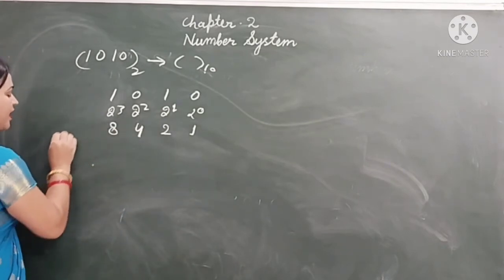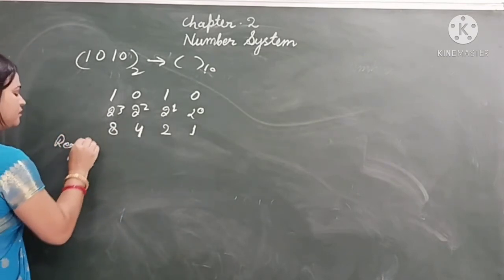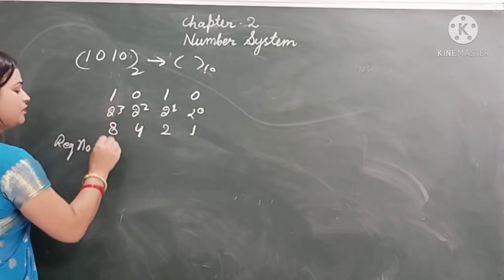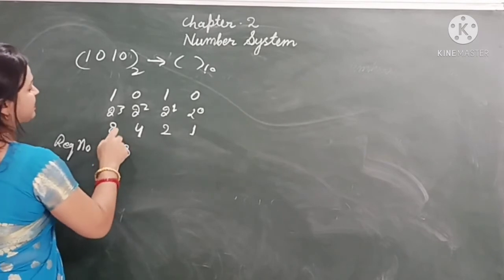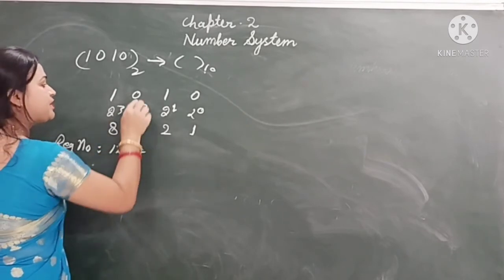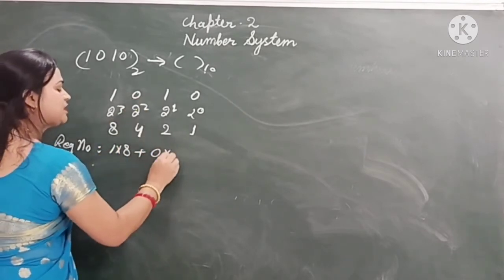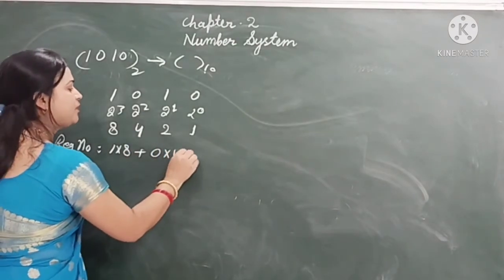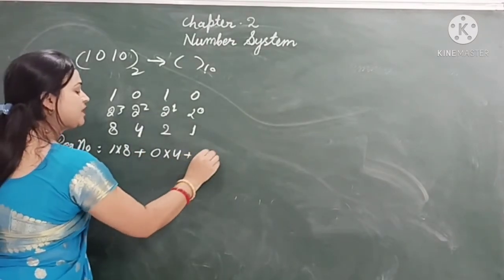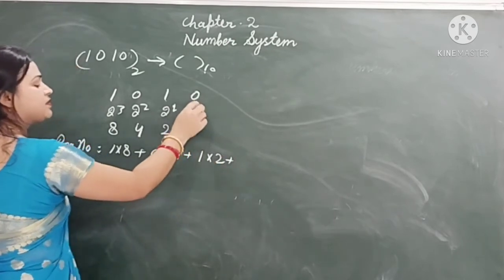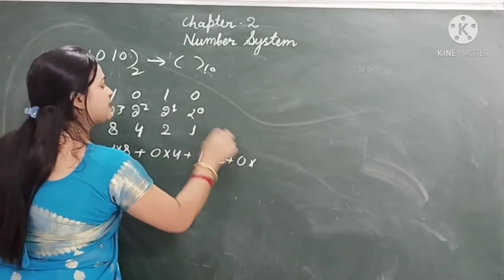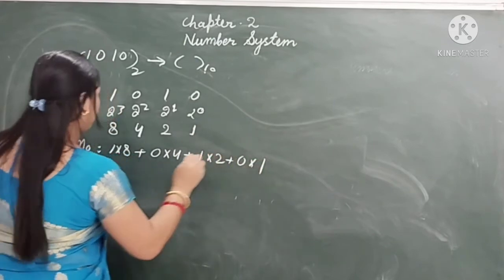Hence the required number is what? 1 into 8, its place value, then 0 next digit into its place value, that is 4, plus next digit 1 into its place value, that is 2, plus 0 into its place value 1.